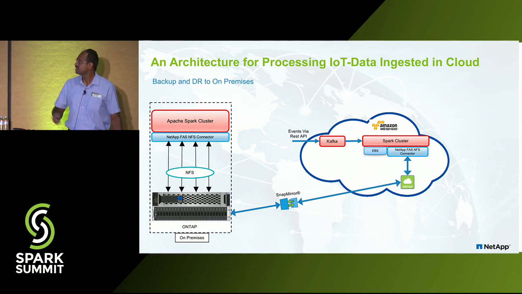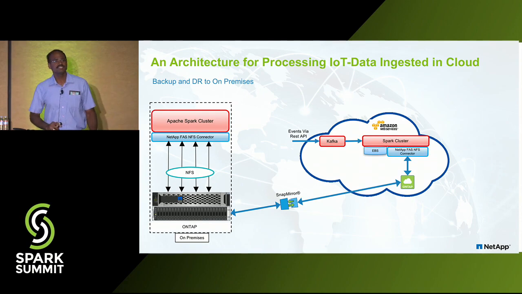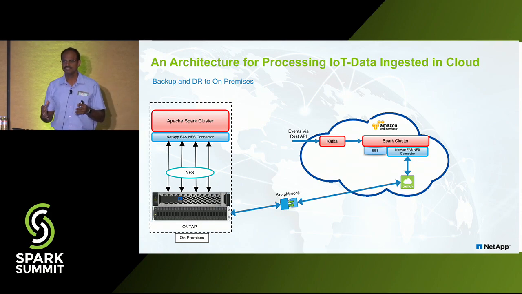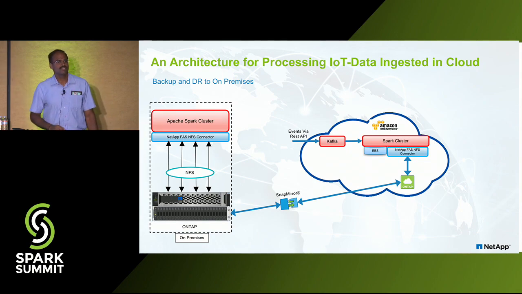Kafka is ingesting the data into the Apache Spark cluster, and they do the processing. When they do the processing in EBS, the customer wants to take their 10 terabytes of data without disturbing the production cluster. There we introduce a product called NetApp NFS Connector.